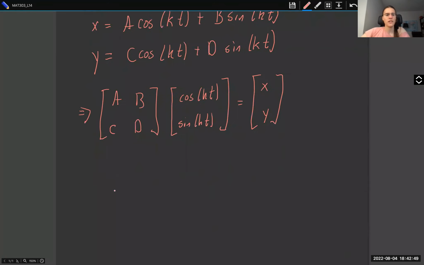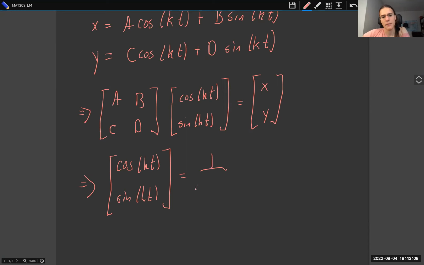So as a consequence, we get that cosine of kt is equal to 1 over AD minus BC.